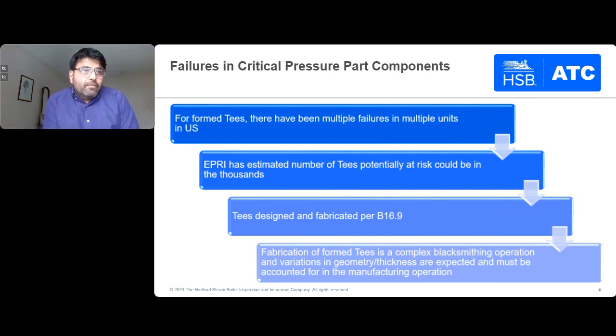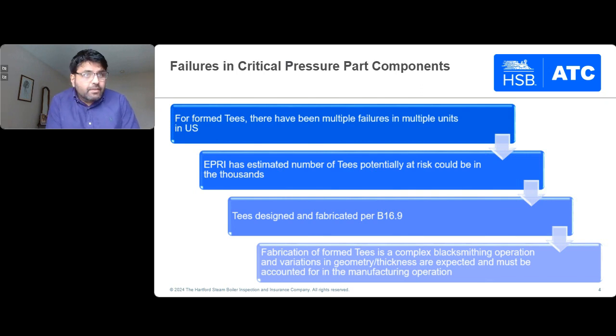I wanted to kick off the webinar with a couple of statements. There are different possible T combinations that we can think of in a boiler system. The Ts that we're going to focus on during this webinar are designed and fabricated in accordance with the B16.9 standard.